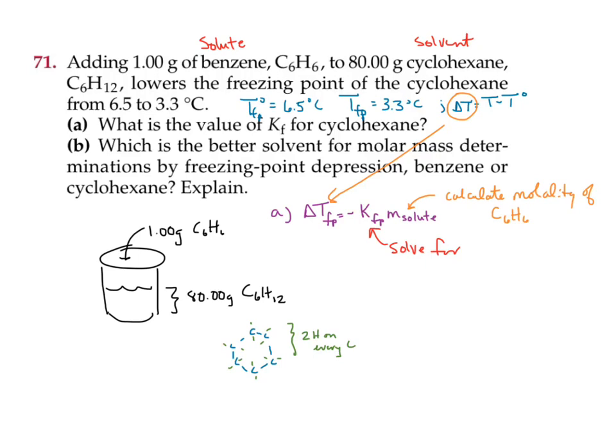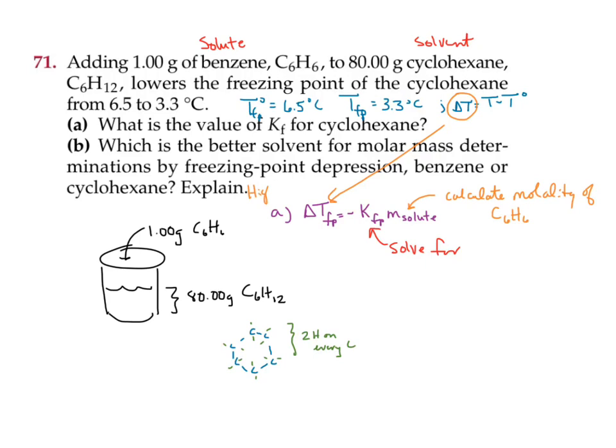Knowing the mass, you use the mass to get to moles, and then scale up, that's moles per kilogram of solvent. That's the molality of benzene. You'll plug that in here, and you'll know delta TFP because that was given in the problem, and you'll solve for KFP this time. Or look it up on the internet.